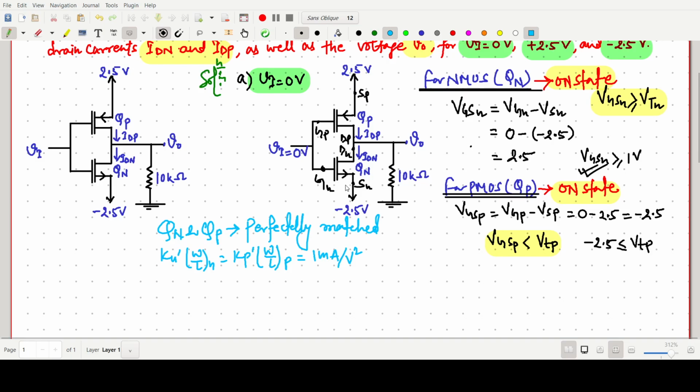Both the NMOS and PMOS are on and perfectly matched, both in the on state.